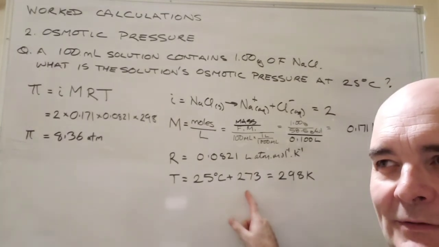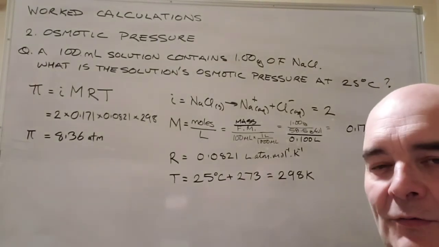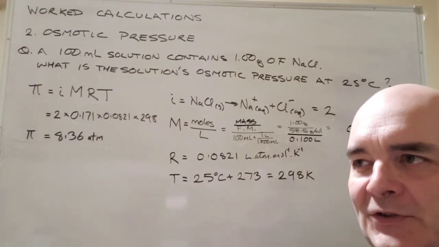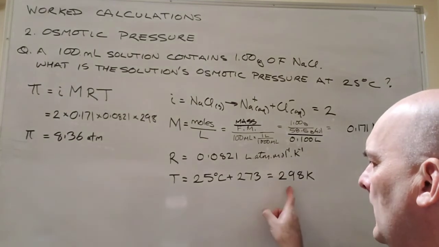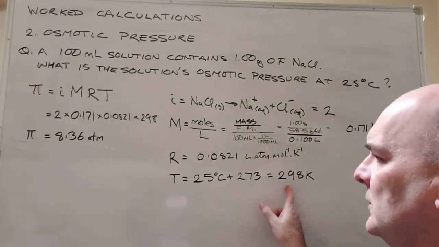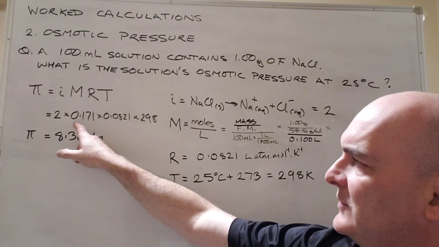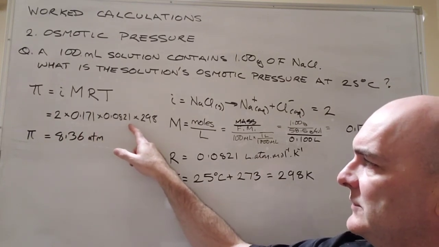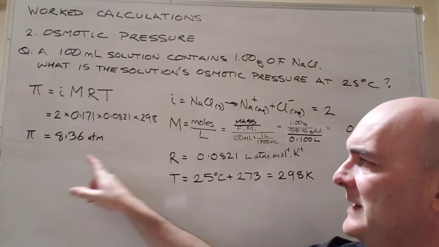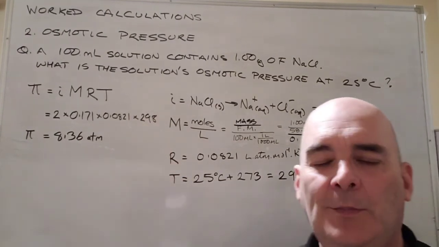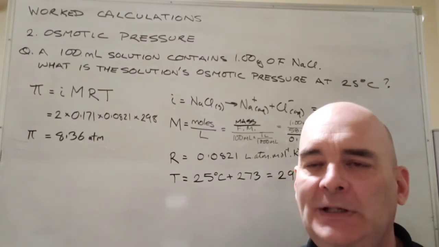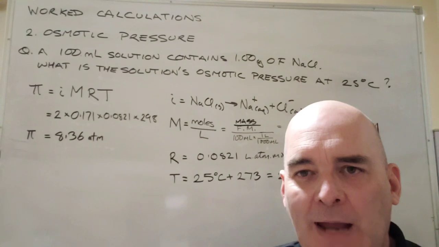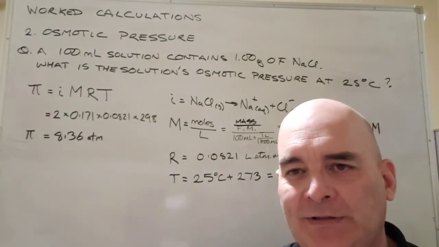Add to that the 273 degrees conversion factor, that 0 degrees Celsius is 273 Kelvin, and that number becomes 298. 2 times 0.171 times 0.0821 times 298 gives me an osmotic pressure of 8.36 atmospheres.